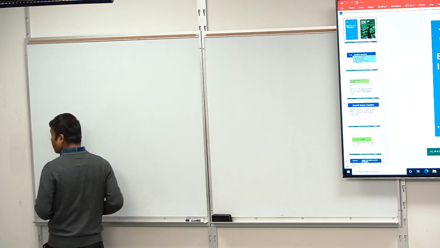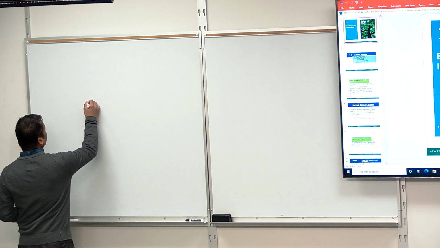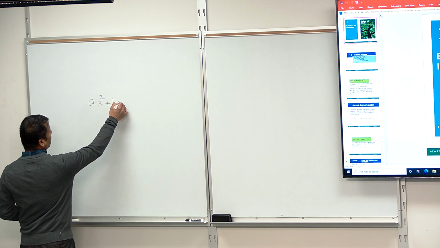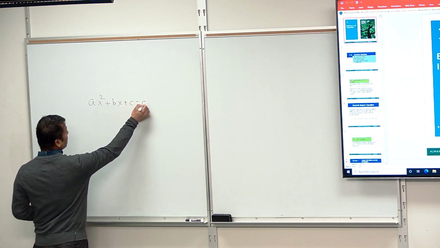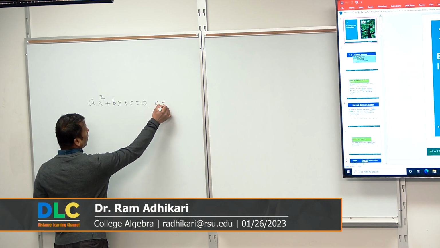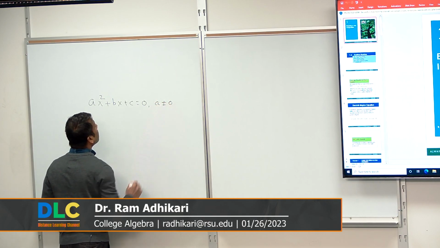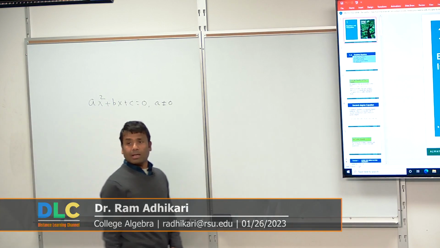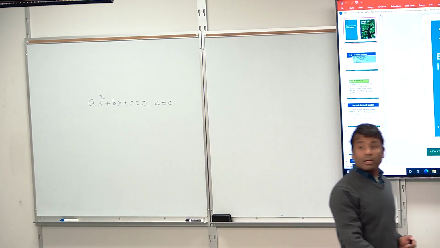So this is ax squared plus bx plus c equal to 0, where a is not equal to 0, and a, b, and c are real numbers.